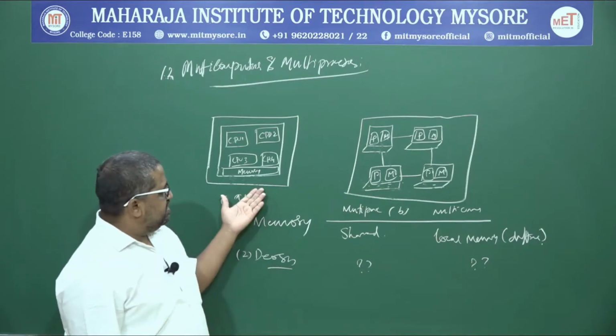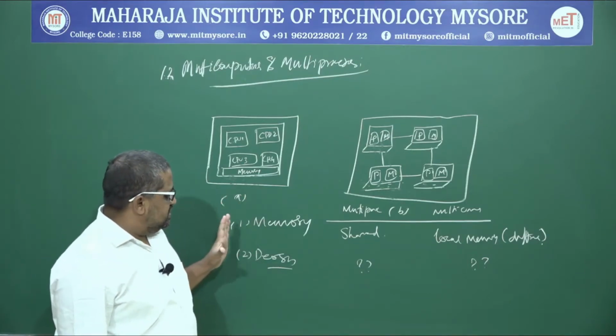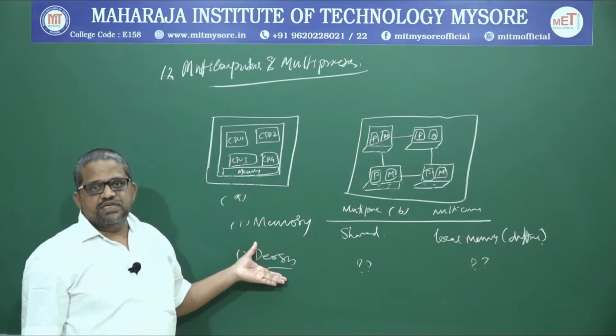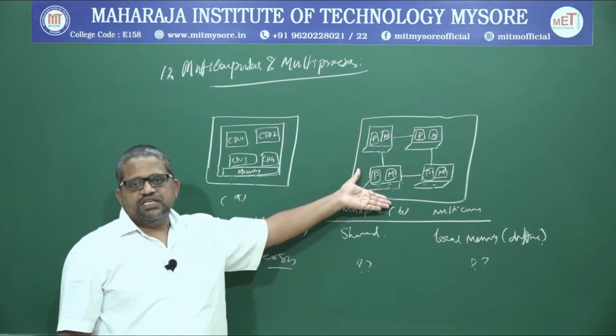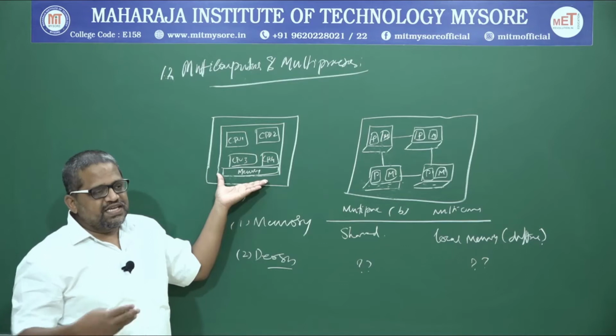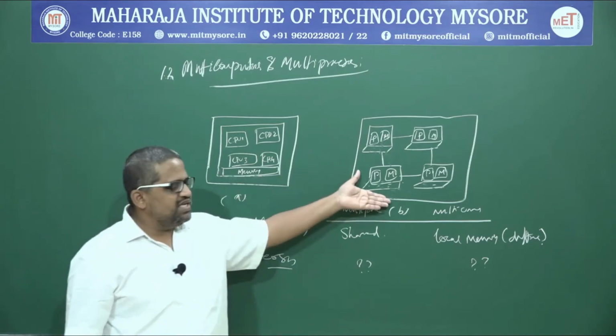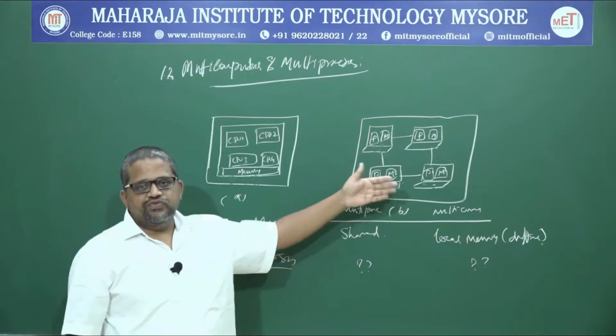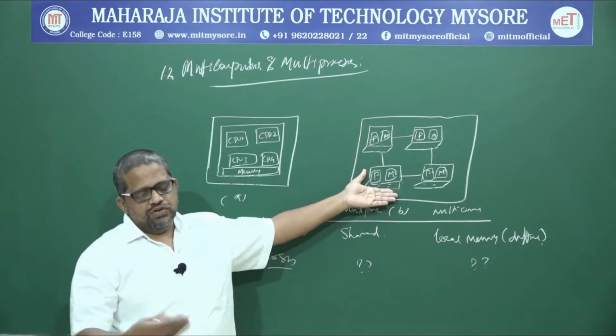Now, for example, if I look into the concept of scalability or expansion, I would say this is very easy for expansion, but this is very difficult for expansion. If I want to increase the computing power, it is very easy for me to expand here, because I simply need to add four more terminals.